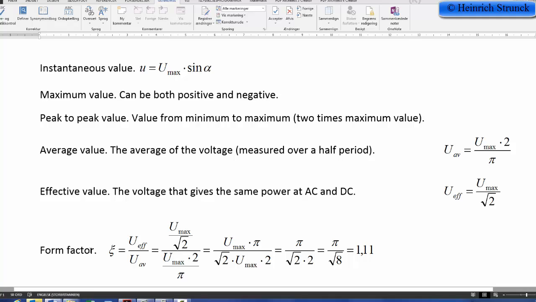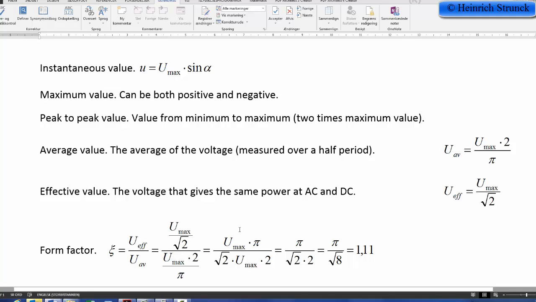Finally, we got the form factor. This Greek letter ksi is the effective value divided by the average value. And over here we just put in the formula for effective and average value, and we divide 2 fractions by multiplying the reverse.